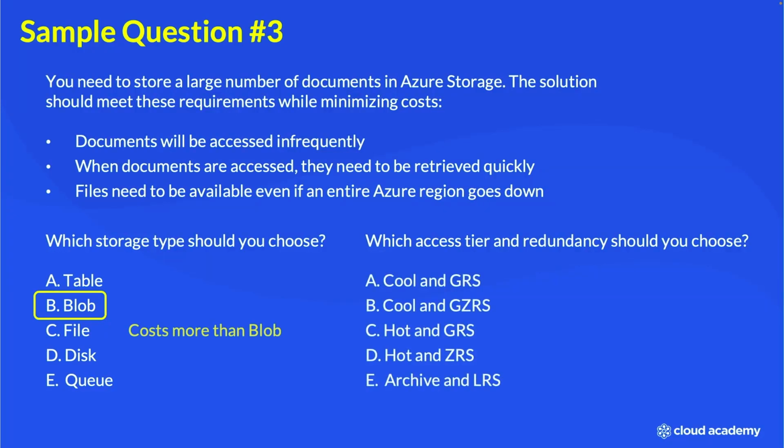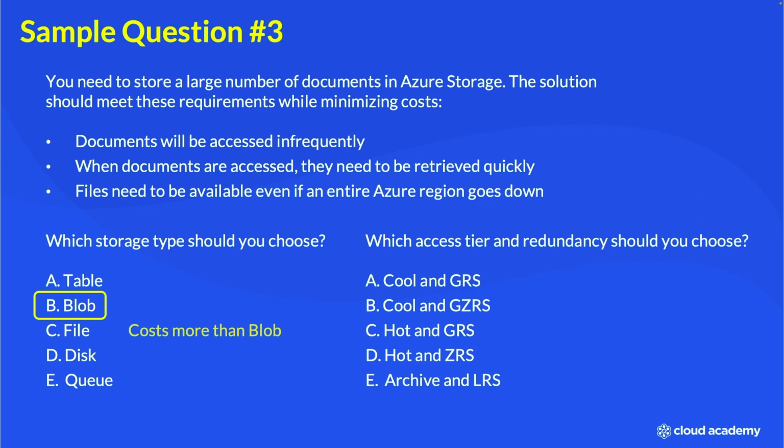So, similar to the last question, we have 2 parts to each answer. So on the left-hand side, it's either cool, hot, or archive for the access tier. And on the right side, we've got GRS, GZRS, ZRS, and LRS. And if you don't know what those acronyms stand for, then you're going to be in real trouble on this question.